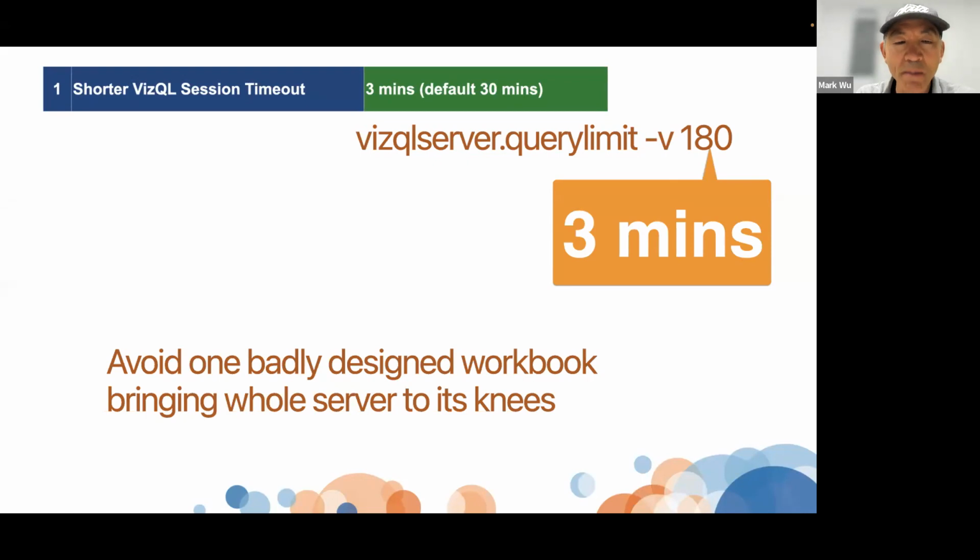Avoid one badly designed workbook potentially bringing the whole server down. With this setting, some of the out-of-box admin views cannot render on my server, but I live with that to make sure my server is healthy.